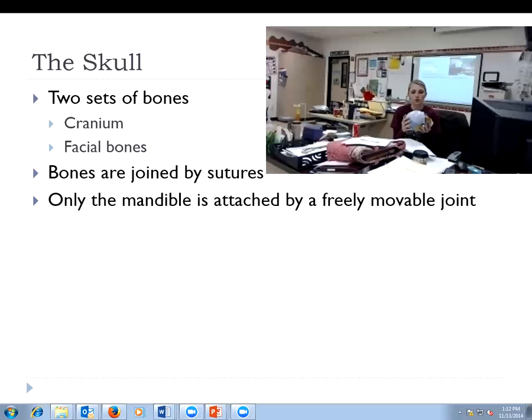We still consider those joints, but they're immovable. They don't move. The only joint that is freely movable is the mandible, which is your lower jawbone. So please take a look at this whenever you're studying. But that's what they're joined by, sutures.